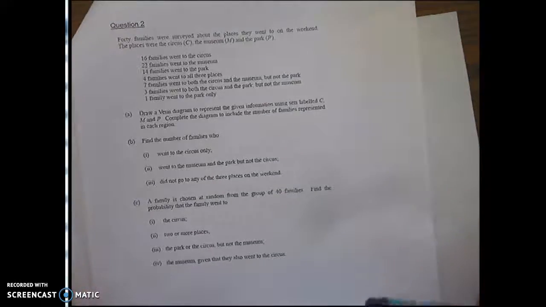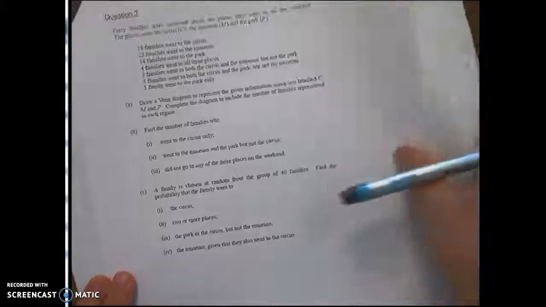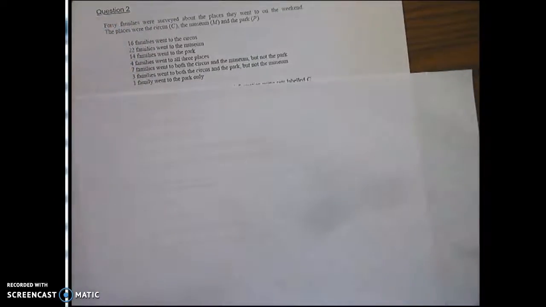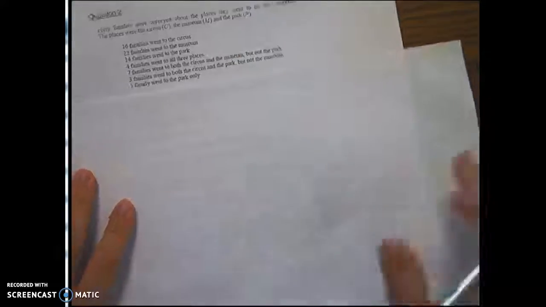40 families were surveyed about the places they went to on the weekend. Places were either the circus, the museum, or the park, and we're told some things about them. So on a separate sheet, I'm going to try and draw a Venn diagram representative of these numbers here.